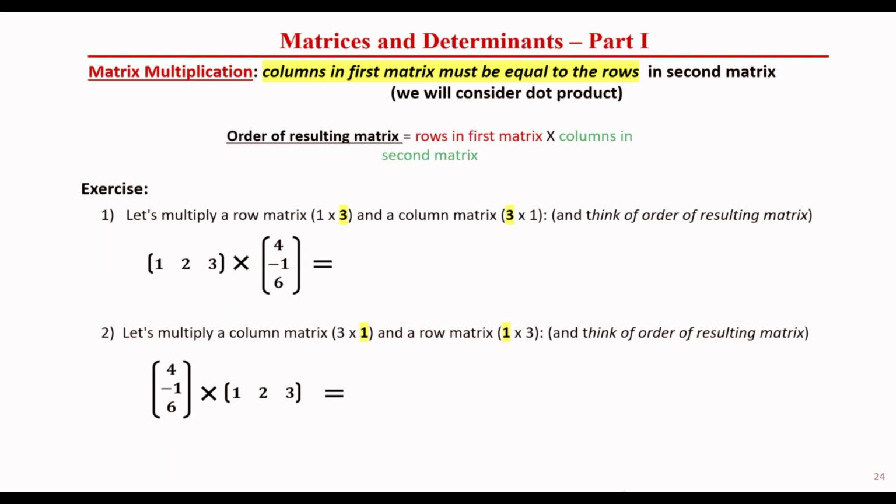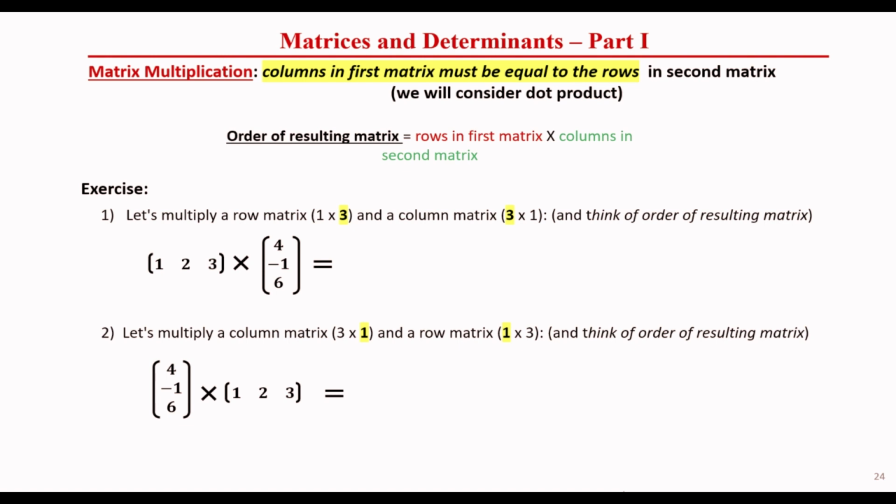All right, so let's do a few more examples. Let's multiply a row matrix and a column matrix. The first thing we need to look for is, can we multiply them? We can definitely multiply a row matrix with a column matrix because the number of columns in the first matrix is equal to the number of rows in the second matrix, which is 3.